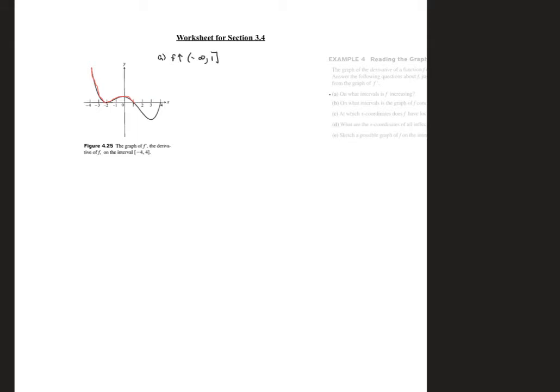Part B says on what intervals is, and it's kind of hard to see here, but it should say, is f concave up. So we're looking for where the function is concave up. The graph of the original function will be concave up when its second derivative is positive, and that's going to be where the derivative is increasing.